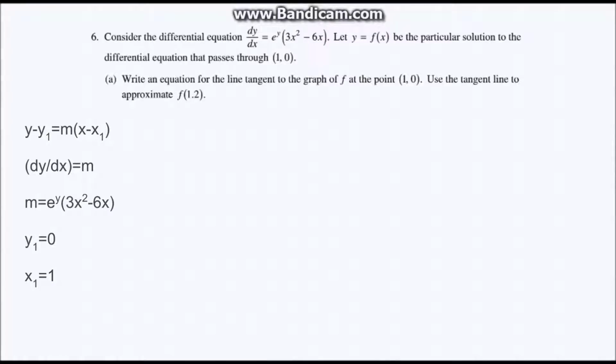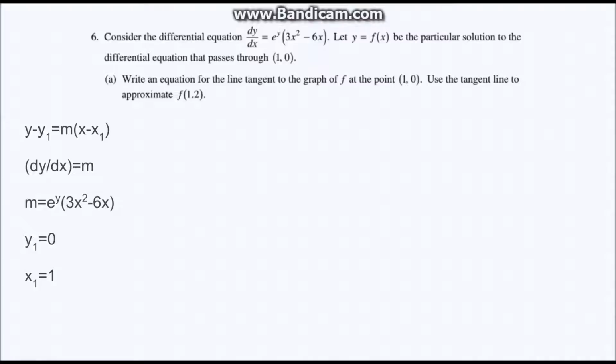So, for the equation of a tangent line, it is y minus y of 1 equals m times (x minus x of 1). Now, y of 1 is equal to 0 and x of 1 is equal to 1. And then dy over dx equals m, and m represents the slope of the tangent line.